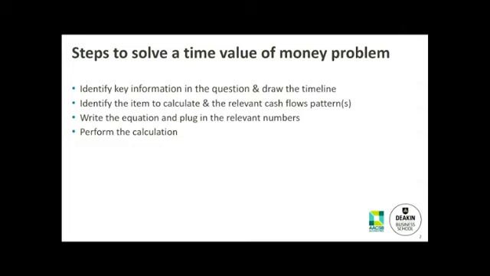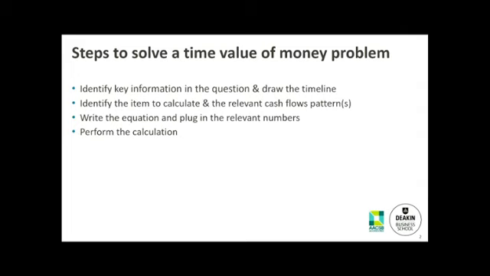Draw a timeline because you can count the number of payments, and you know whether it is an annuity or an ordinary annuity. And even if you can't use the annuity approach, as long as you draw a timeline, you can always discount or compound the cash flows one by one.